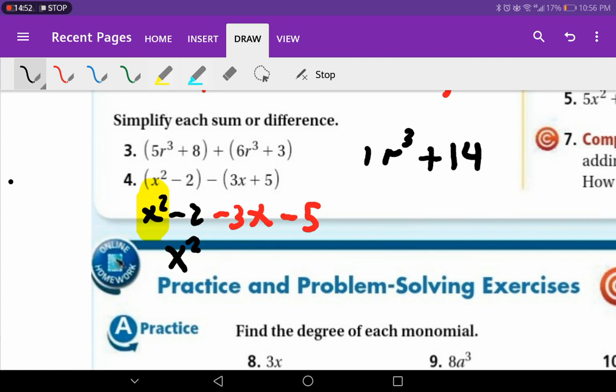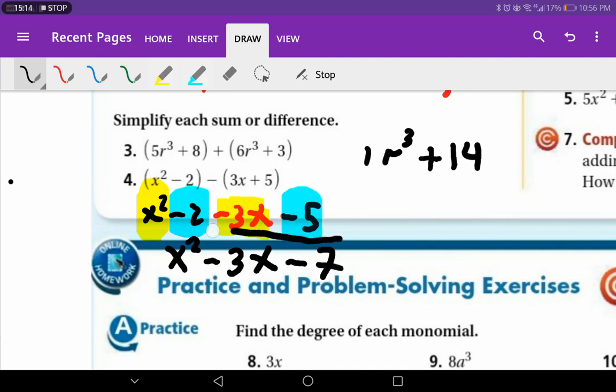And what about the negative 3x here? You drop it also, and I can combine this negative 2 with this negative 5, so the answer is -7. So I simplify this here.